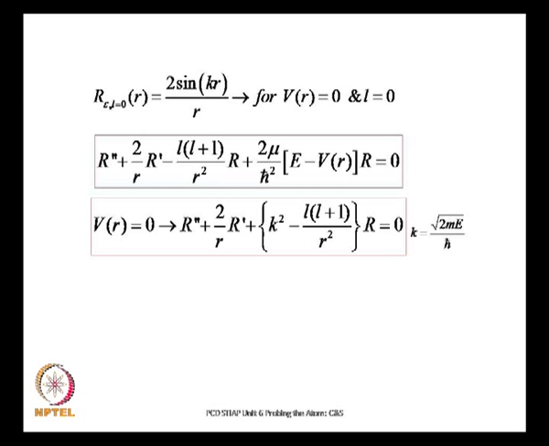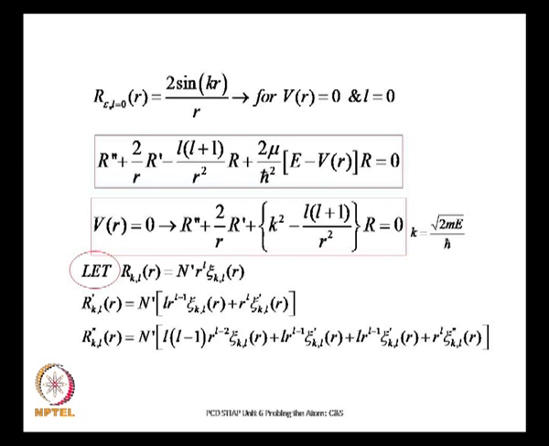What we will do is we will now retain the centrifugal potential term, so that L is not equal to 0 anymore, but we will still deal with V equal to 0, and then at a later stage of course we have to put in the target potential. Okay, so this is your radial equation for the free particle, but for all values of L, including L equal to 0, but also higher values of L.